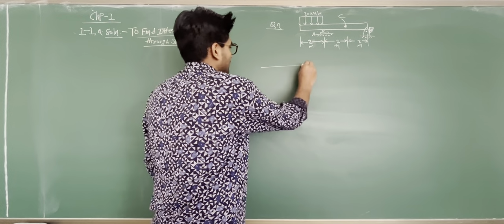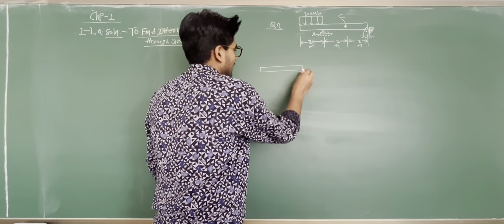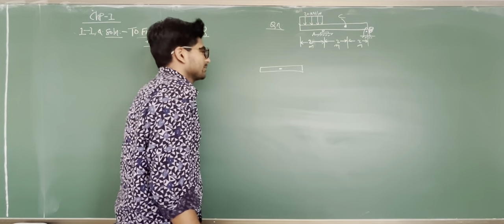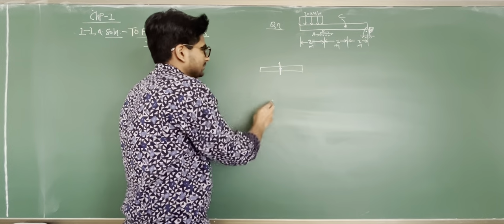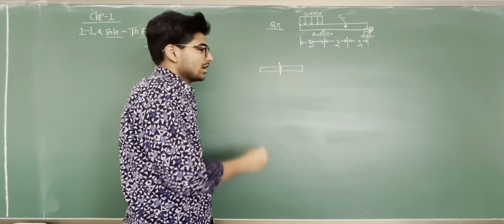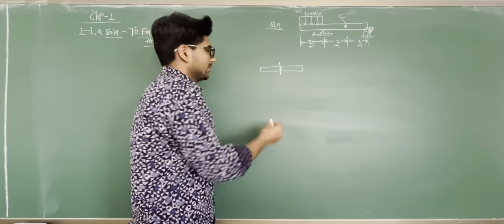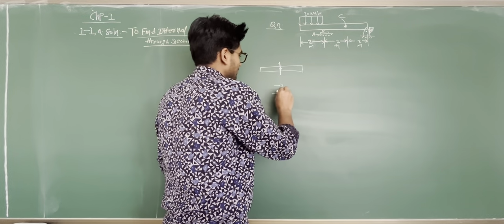Suppose we have a beam or a bar, and maybe we have some kind of section over here. If we cut this section, generally we have three kinds of internal forces. In order to understand, I put it like this.